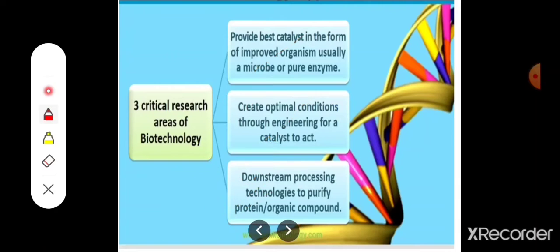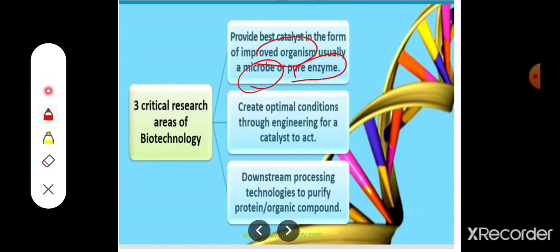Now let us learn about the three critical areas of research in biotechnology. Even at present, researches are going on in these three critical areas. The first one is to provide the best catalyst in the form of an improved organism, usually a microbe or a pure enzyme.